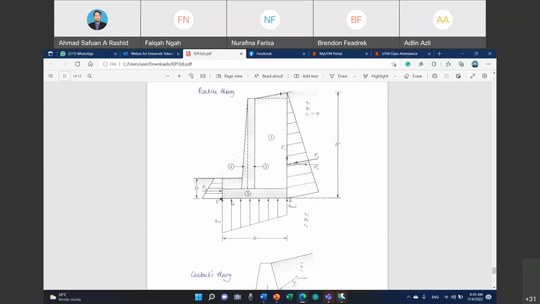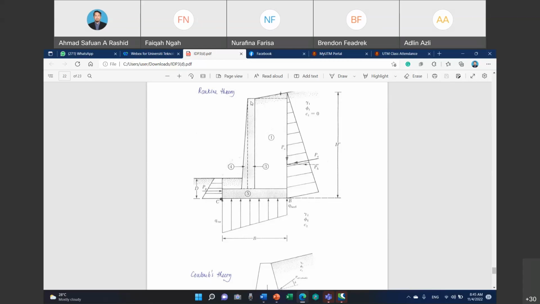Okay, so itu adalah satu. Okay, yang kedua, the lateral load, okay, from this backfill, okay, should not allow for the overturning.